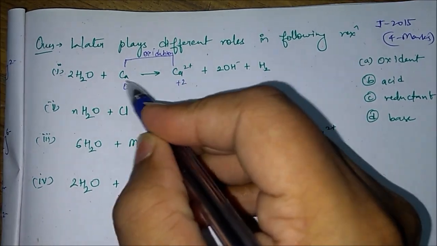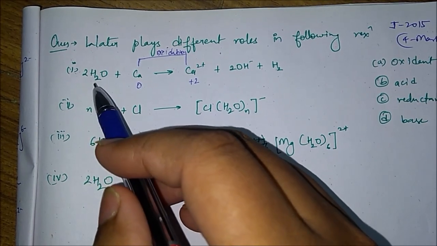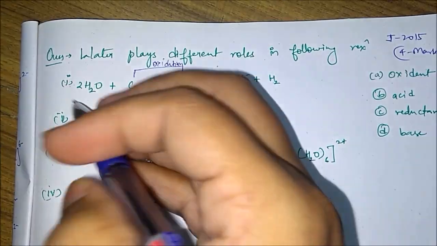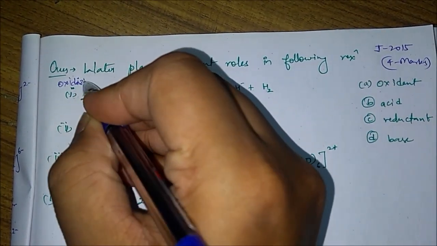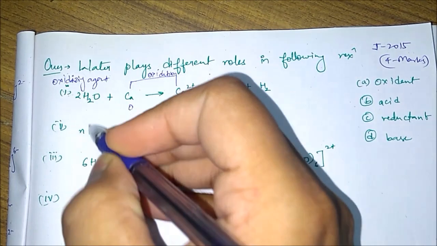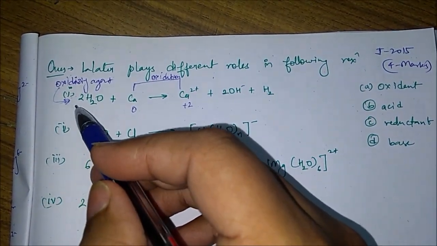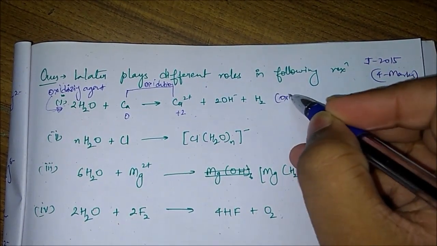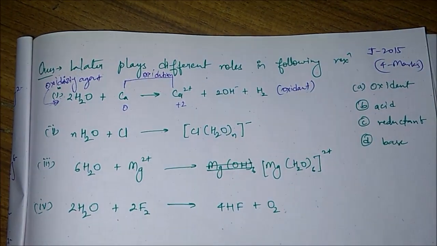Now if oxidation is taking place for calcium, there must be another thing which is helping in oxidation, that is your oxidizing agent, that is water. Oxidizing agent is only oxidant, so in the first step it is acting as an oxidant. All right, these concepts I have explained in the video on the outer sphere electron transfer mechanism.